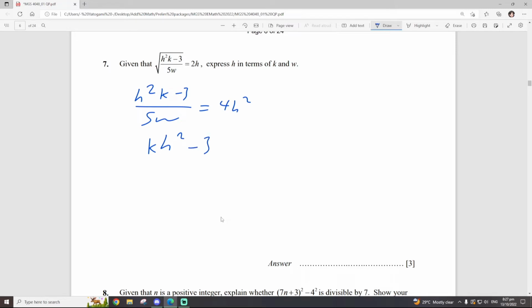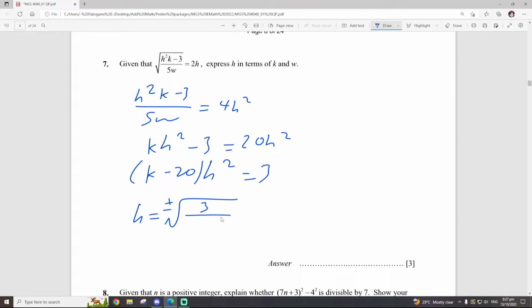So I multiply both sides by 5w and I rearrange the terms so that I get 20h squared, so that I get k minus 20. I can actually see that both of them have an h squared attached to it. Then I equate this to be positive 3. So therefore h is plus minus the square root of 3 divided by k minus 20.